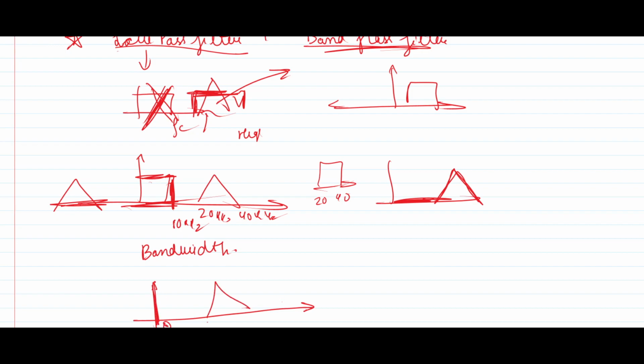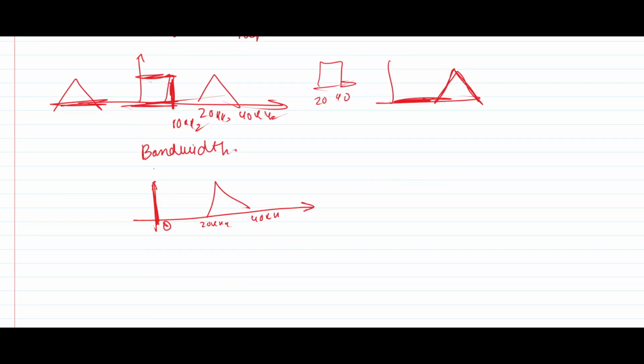So if this is 20 kilohertz, 40 kilohertz, you have to only check the amount occupied on the right hand side. So how much is the bandwidth? 40 minus 20, 20 kilohertz. Okay, so you might have understood this.